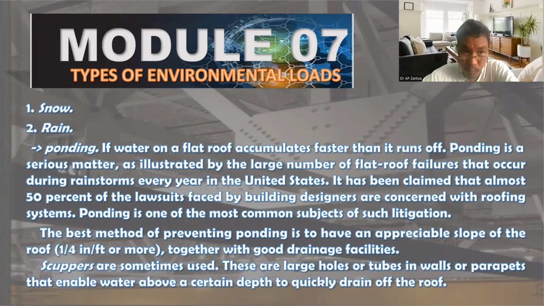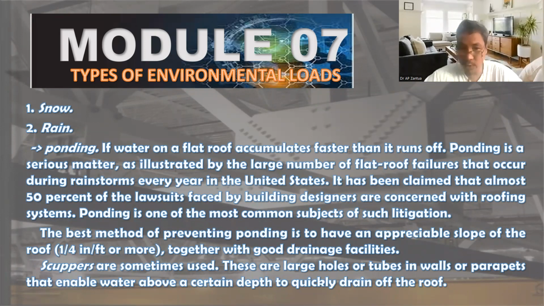What is the slope? 1/4 inch per foot. For every 1 foot, there is 1/4 inch of slope. Together with good drainage facilities, scuppers are sometimes used because of this. These are large holes or tubes in walls or parapets. You already know what parapets are. They enable water above a certain depth to quickly drain off the roof.